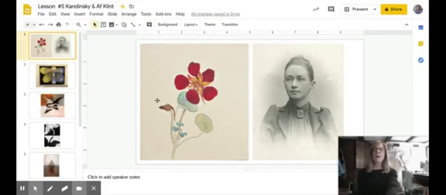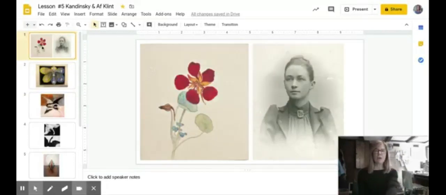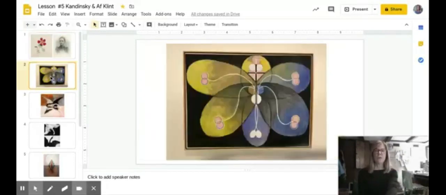So what happened at her seances, which makes her quite unusual, is that she says that she was told how to proceed in her artwork. And she went from this type of work to this type of work. This was not being done at that time, not in 1900.